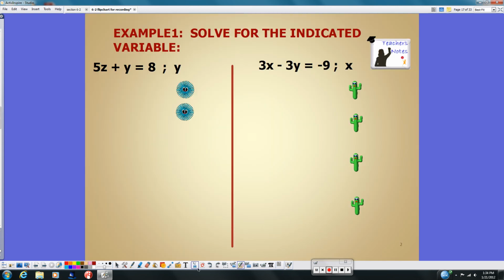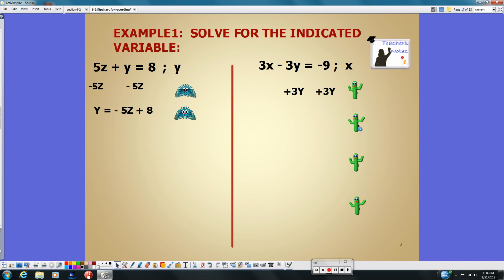So let's review how to get the variables by themselves. So let's solve this first equation for y. We have 5z plus y equals 8. First thing we want to do is subtract 5z from both sides to get y equals negative 5z plus 8. In this one, we have 3x minus 3y equals negative 9, and I want you to solve for x.